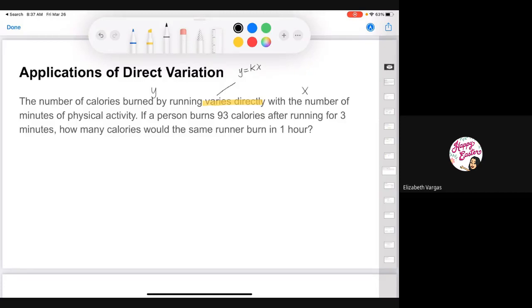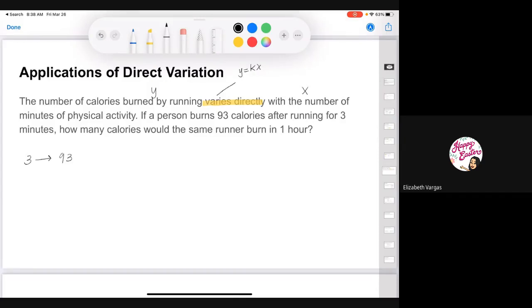If a person burns 93 calories after running 3 minutes, how many calories will the same runner burn in 1 hour?